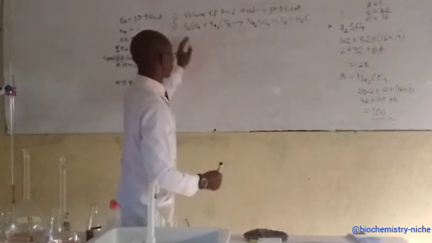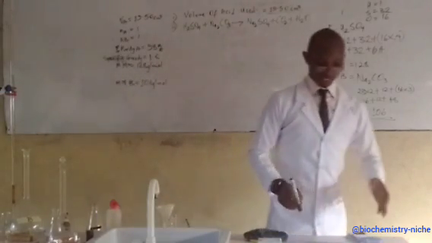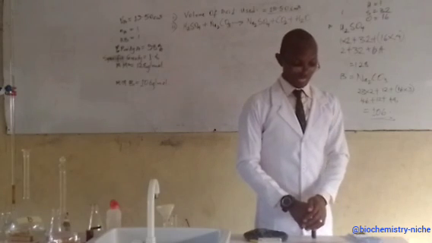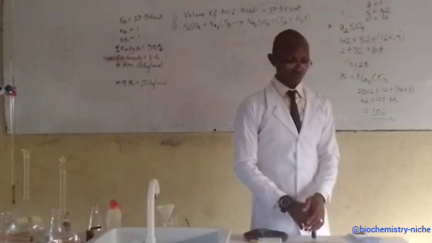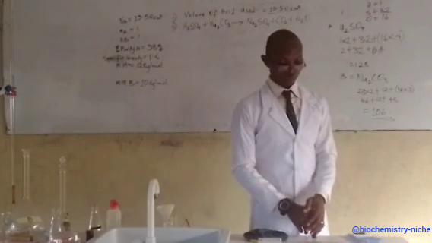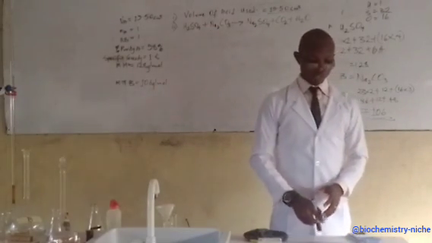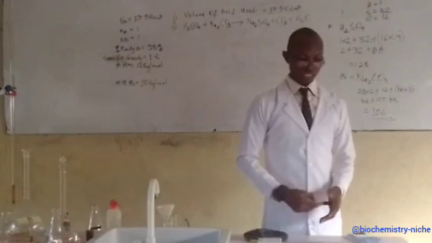So that is the equation for the reaction. And then the next question says, from the results and information provided, you should calculate the concentration of A in moles per dm cube, then the concentration of B in moles per dm cube.